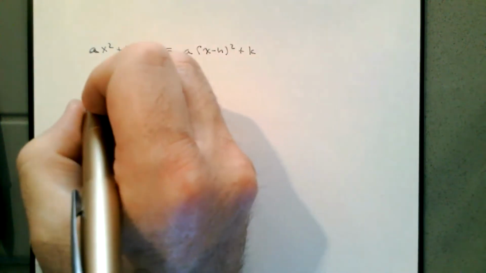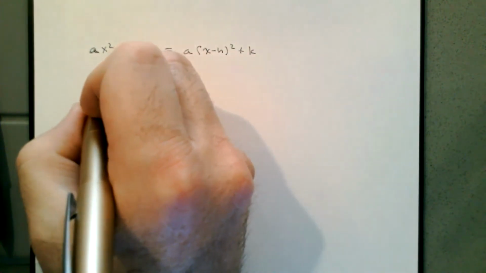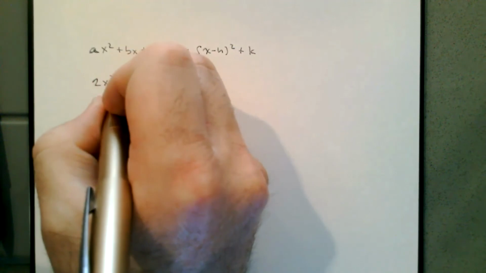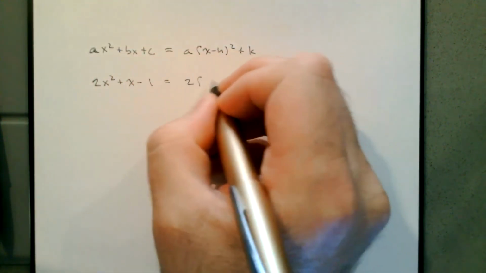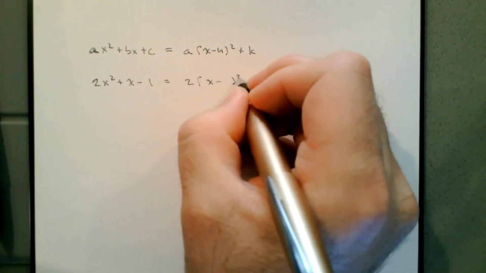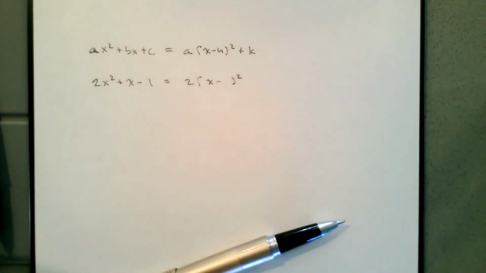So if we have 2x squared plus x minus 1, we're really just looking for the vertex of this parabola. Let me open a Desmos. Such a good graphing calculator.